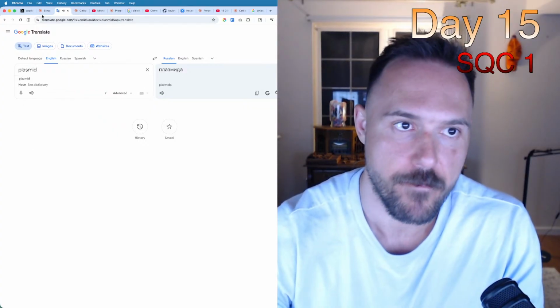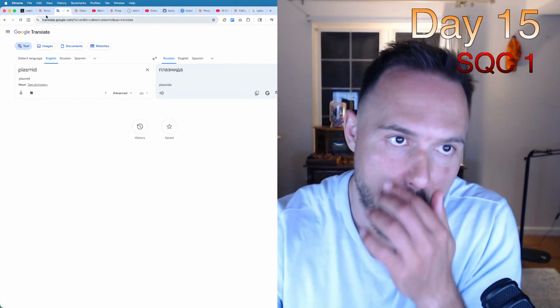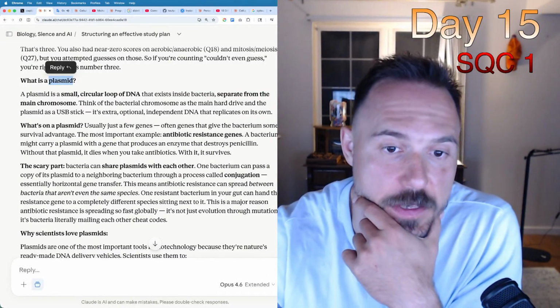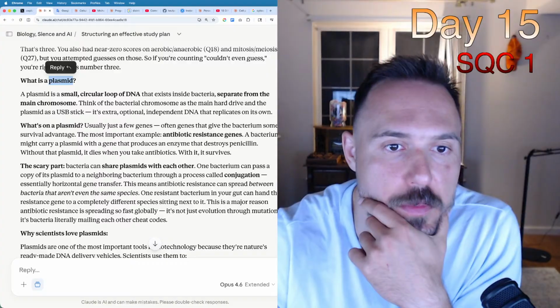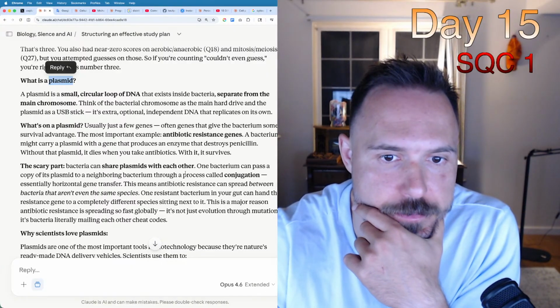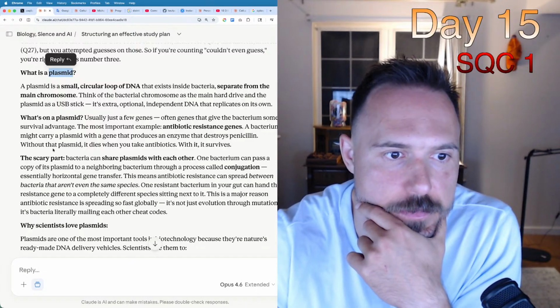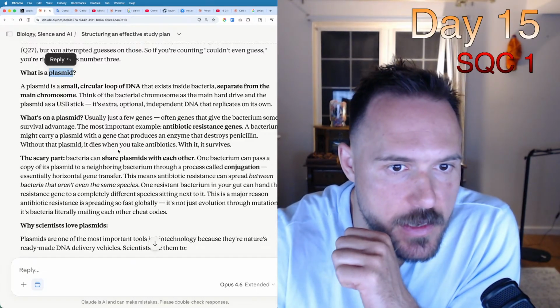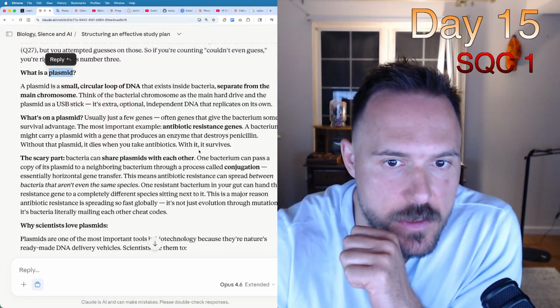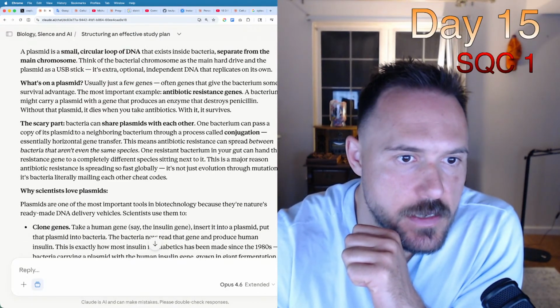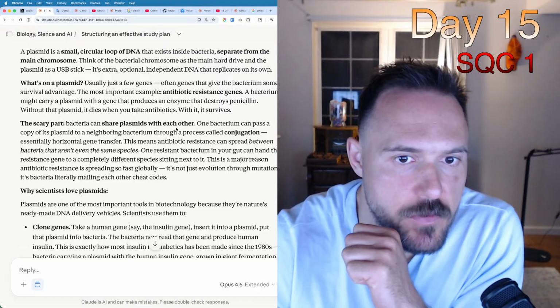Plasmid. That's pretty cool. I mean, not cool for people, but cool for bacteria. Without that plasmid, it dies when you take antibiotics. With it, it survives. The scary part, bacteria can share plasmid with each other.